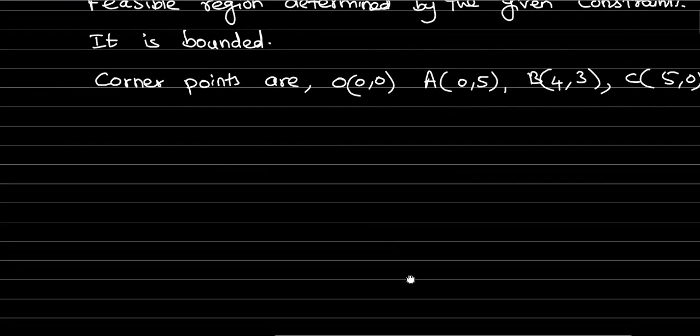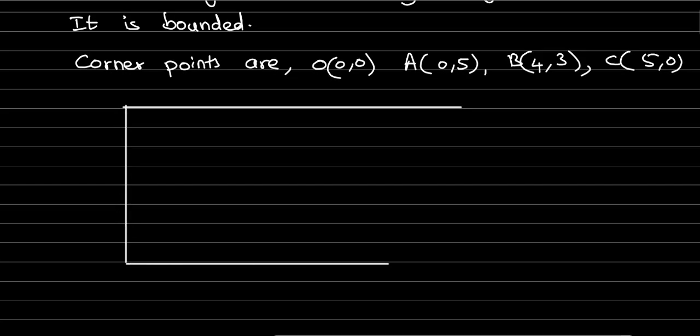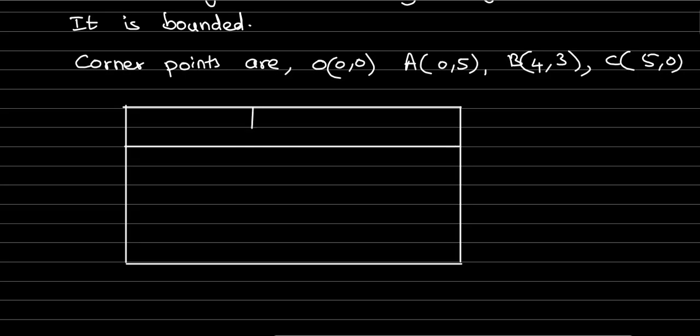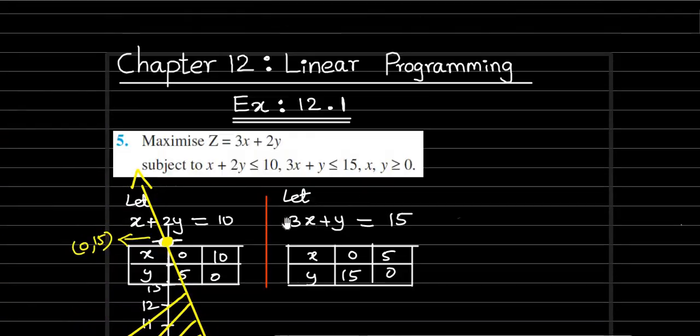Now all these corner points, we need to substitute in the given Z. Z is 3x plus 2y.